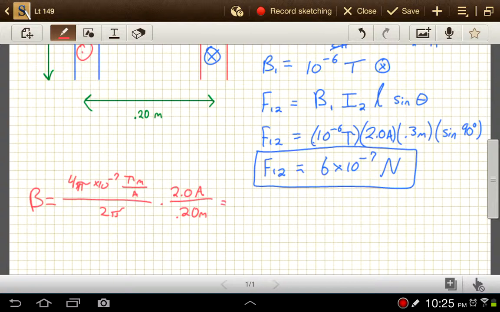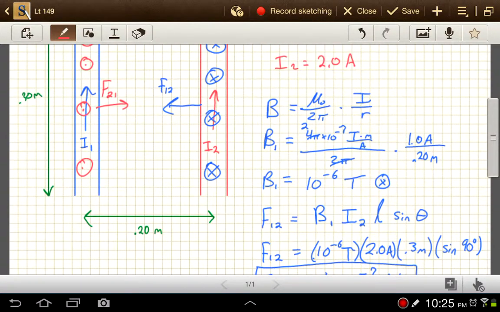And so we'll have this cancel, it gives us just 2. 2 divided by 0.2 is 10, so this is 20 times 10 to the negative 7th, or 2 times 10 to the negative 6th Teslas at that location, at this spot right here.